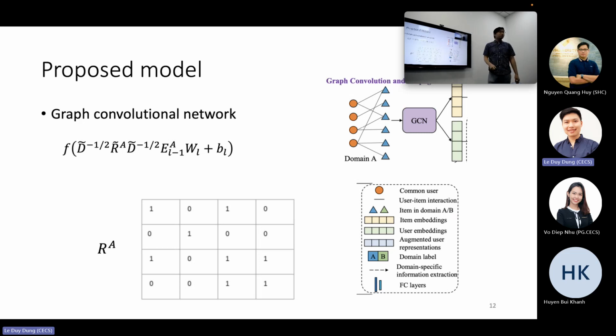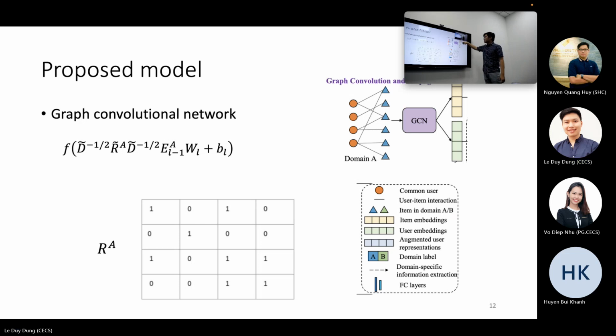I is an interaction matrix, and D is a normalized degree matrix, and E is the input of the graph neural network at layer L minus one, and WL and BL are learnable parameters. So we know the connection between users and items, and then we exploit their neighbors and fuse the information between neighbors to get the final one.